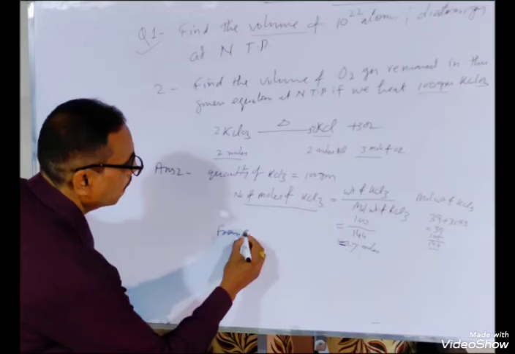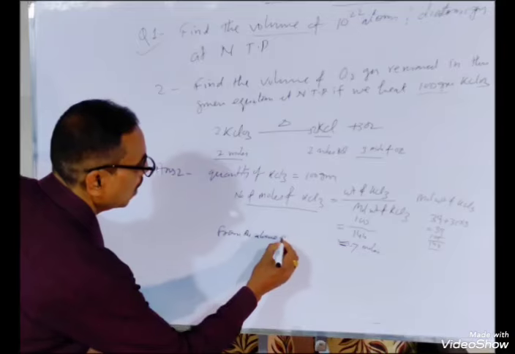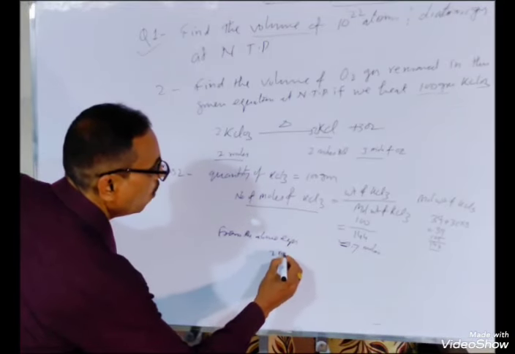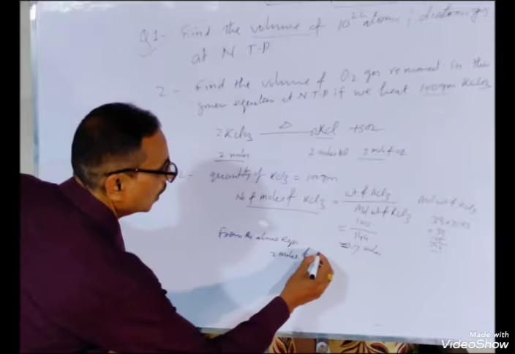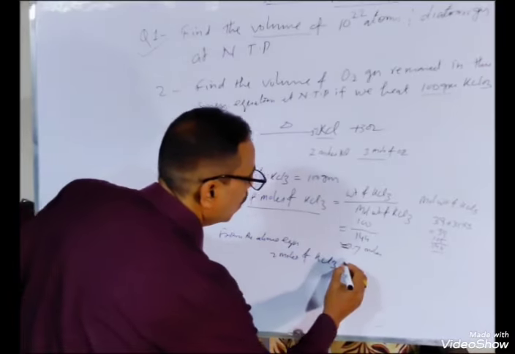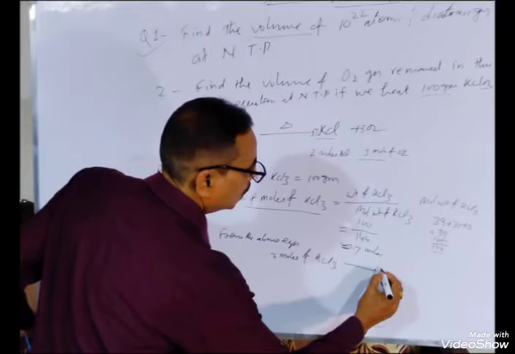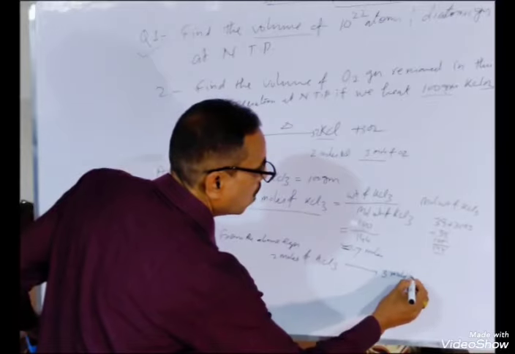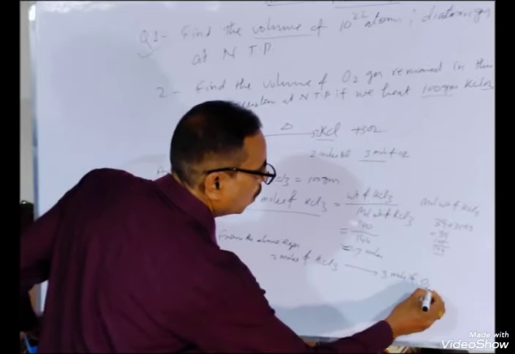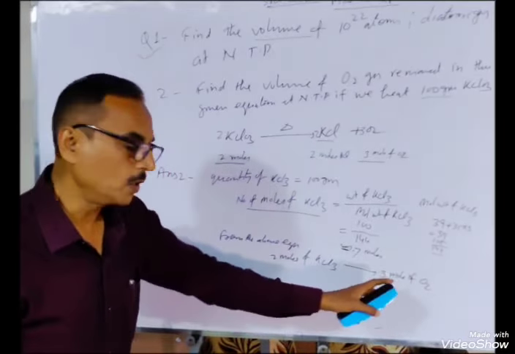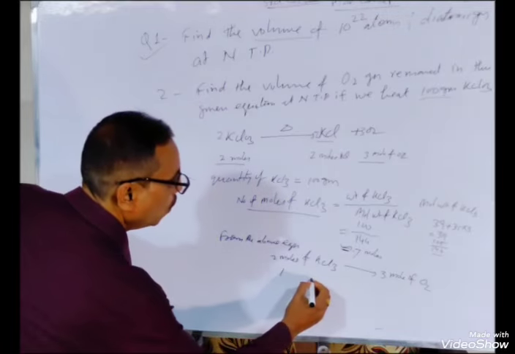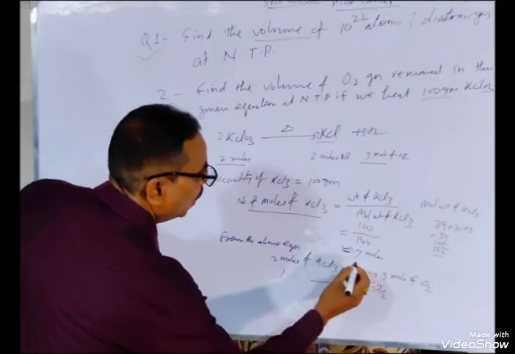From the above equation, 2 moles of KClO3 produce 3 moles of oxygen. So 1 mole will produce 3 by 2.